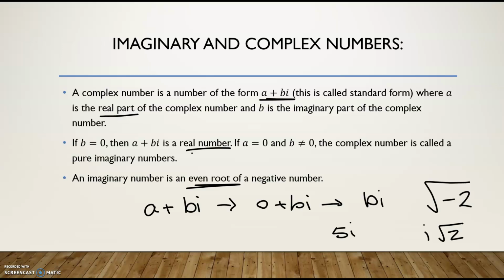Okay, express the square root of -24 in standard form. Now back here it said that standard form is a plus bi. Okay, so I'm going to go ahead and pull that negative out, which means put an i in front. So now I'm looking at square root of 24.